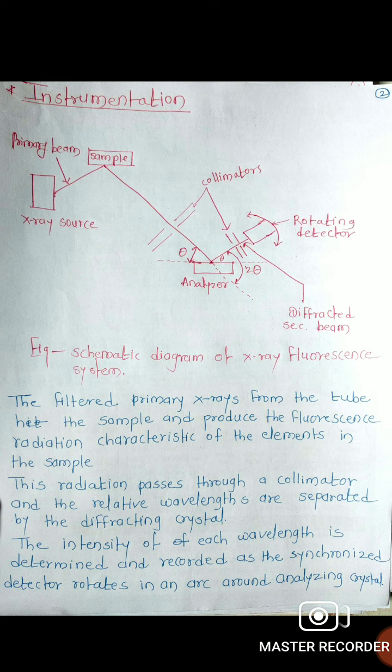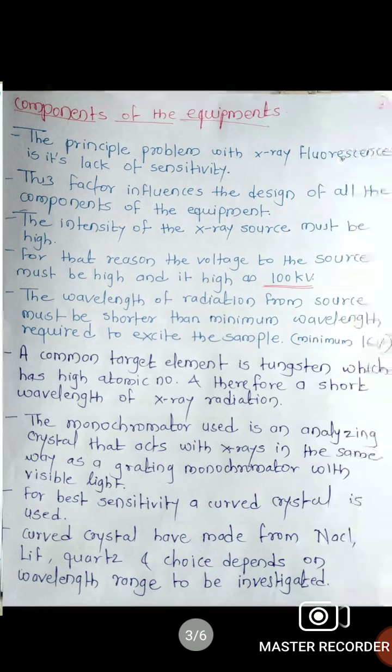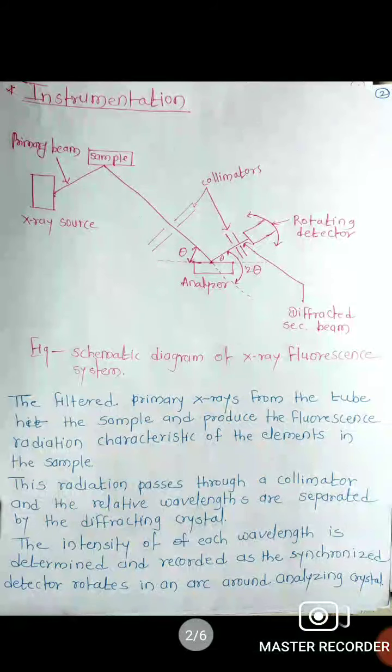The sample produces the characteristic radiation as fluorescence radiation. This radiation passes through a collimator and the relative wavelengths are separated by the diffracting crystal, and the intensity of each wavelength is determined and recorded as a synchronized detector rotates in an arc around the analyzing crystal. This is the working of the X-ray fluorescence system.